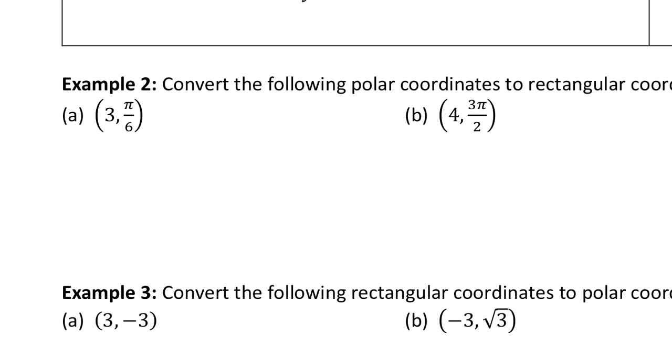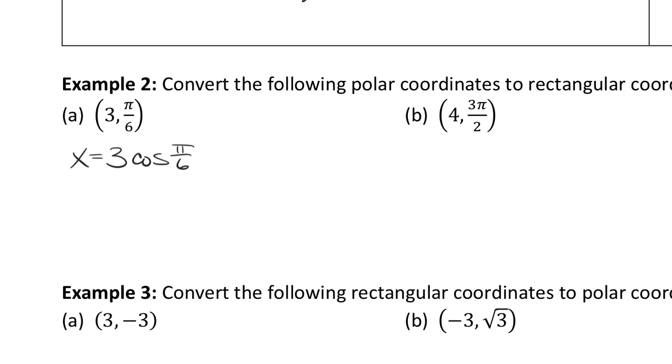Let's convert the following polar coordinates into rectangular. So you're going to use the one you put that cute cloud over. Okay, here's a polar coordinate. We want rectangular, which means we want an x and a y. x is found by doing r times the cosine of pi over 6. So all we have to do is remember what the cosine of pi over 6 is.